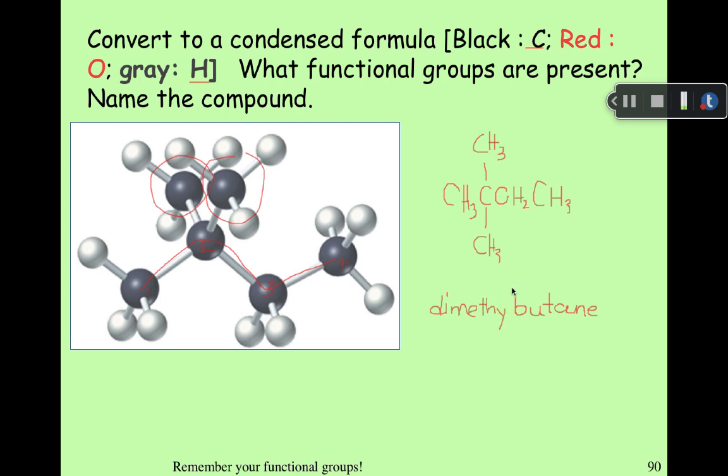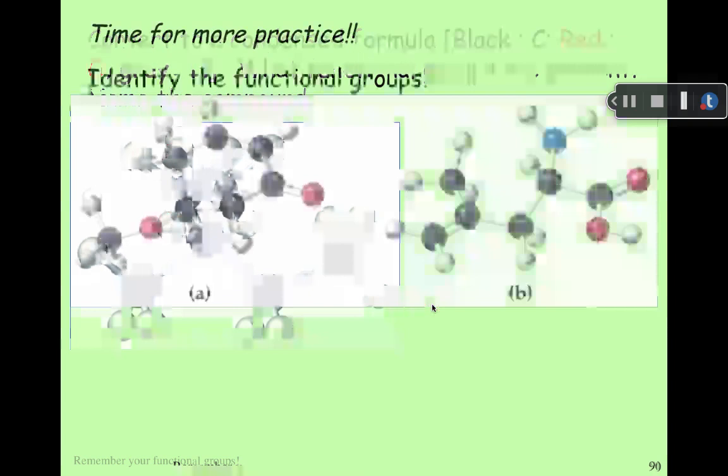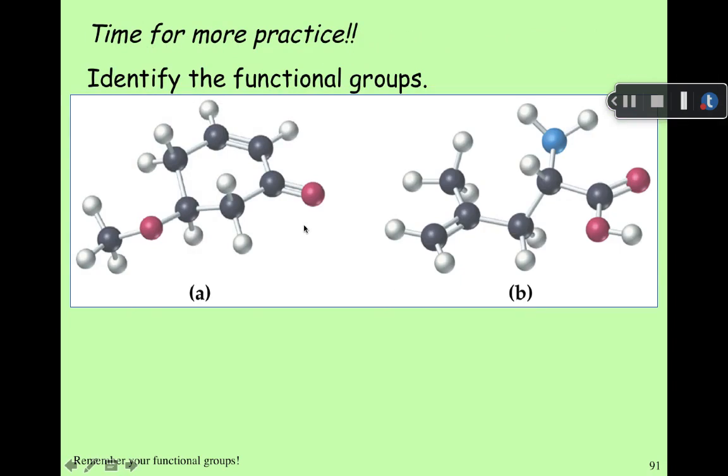And in this case, it works out with lowest numbers to put those on carbon 2. If you went the other way, it'd be carbon 3. So this time it's going to be 2,2-dimethylbutane. 3,3 might look correct, but the best answer, the IUPAC name, gives lowest numbers to the compound. Okay, more practice.